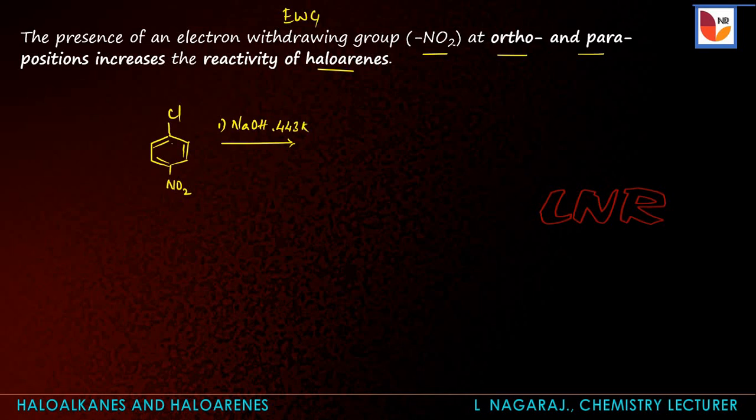In the previous condition, in the absence of the nitro group, chlorobenzene requires 623 Kelvin, but para-nitrochlorobenzene requires only 443 Kelvin, and in the presence of an acid it gives the product, where Cl gets replaced by the hydroxyl group, that is OH, para-nitrophenol.